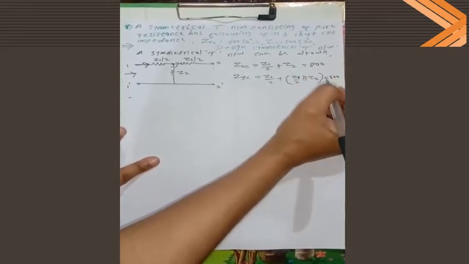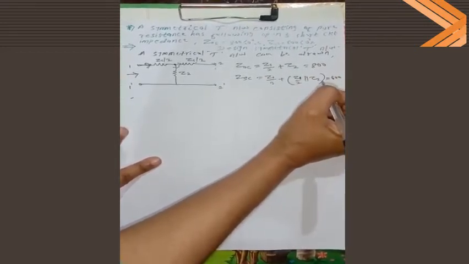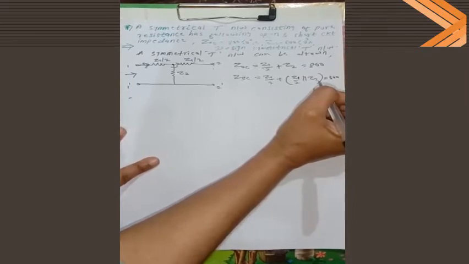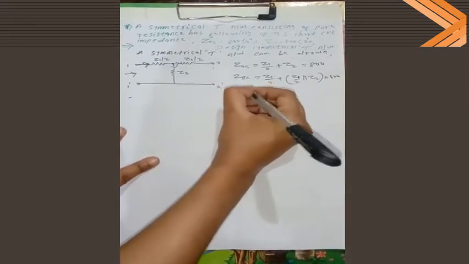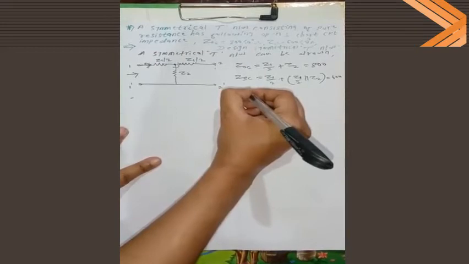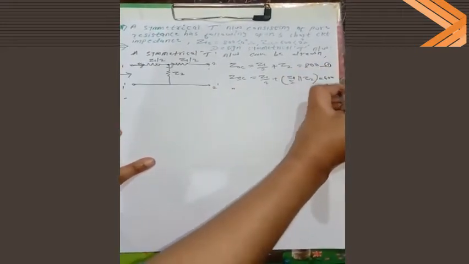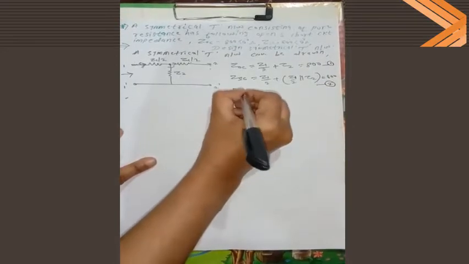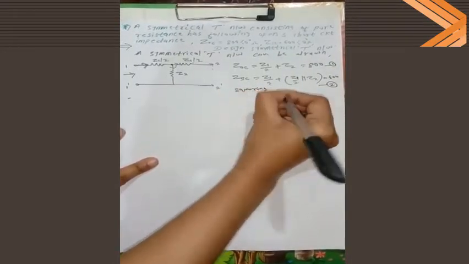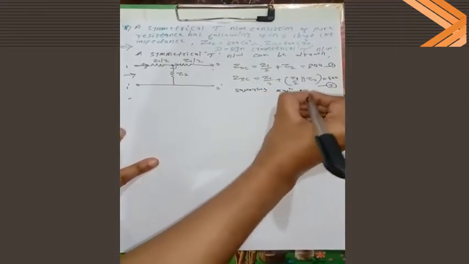What we need to calculate is Z1 as well as the value of Z2. So just note down here: squaring equation number 1. If this is equation number 1 and this is equation number 2, we square equation number 1.